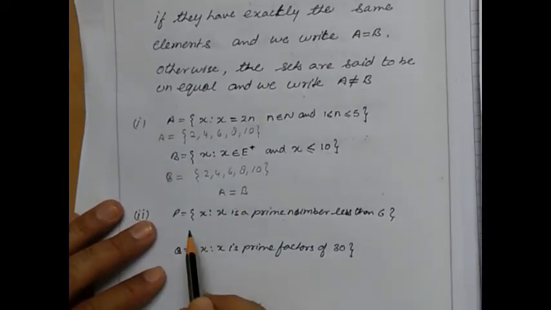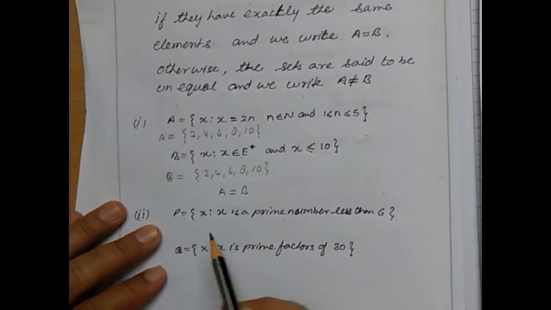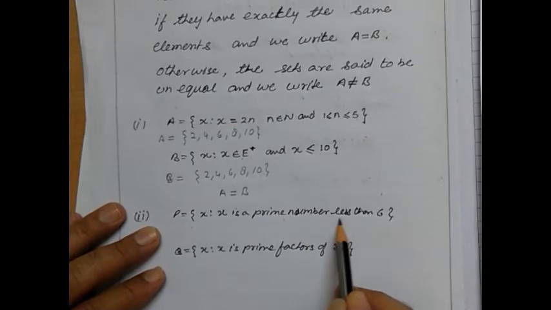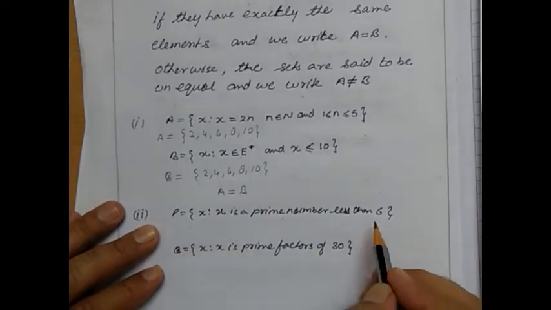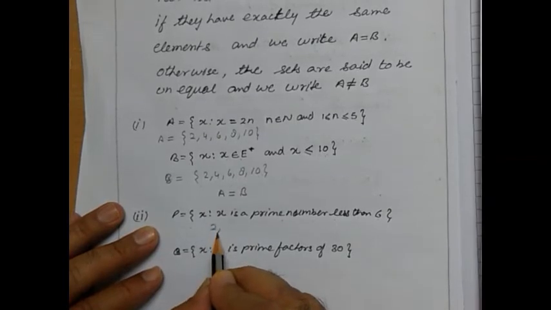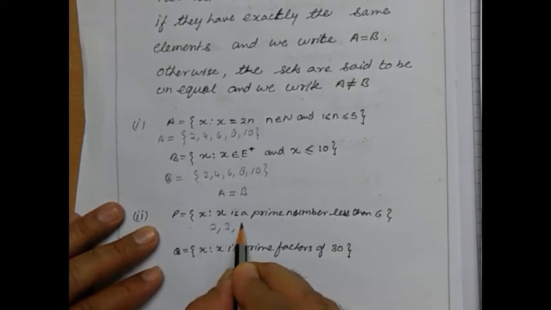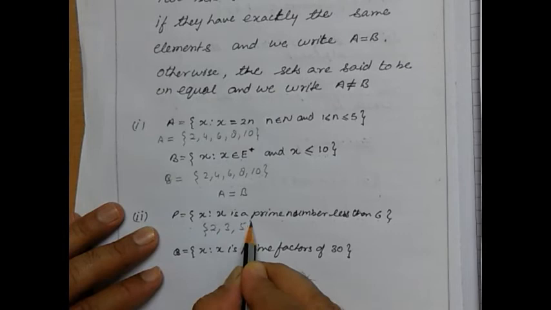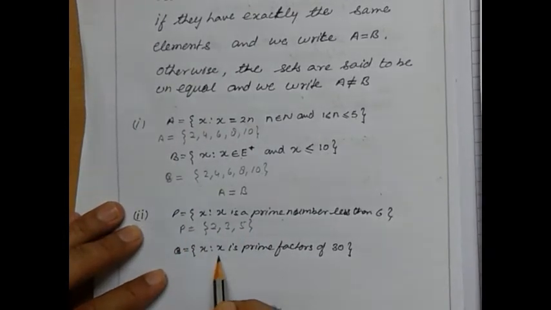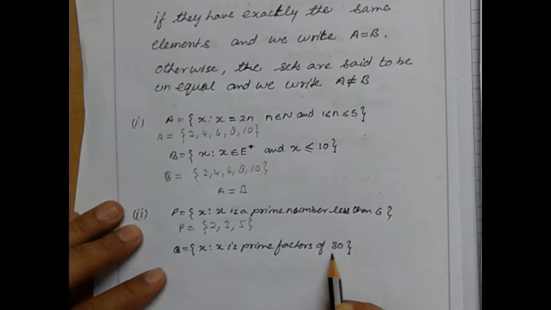Now let's see another one. P is equal to x such that x is a prime number less than 6. So here we will have the prime numbers 2, 3 and 5, isn't it? And this says x is such that x is a prime factor of 30.